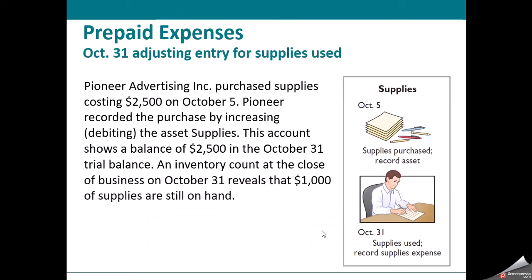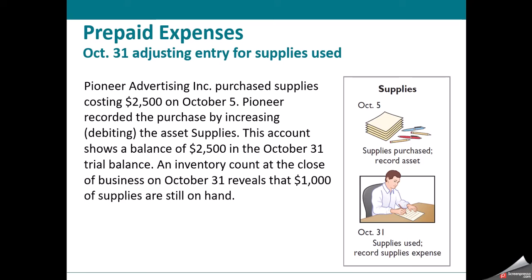So here we have an example. Pioneer Advertising purchased supplies of $2,500. They recorded that purchase by setting up an asset called supplies, and the account has a balance of $2,500 on the October 31st trial balance. However, when we go out and actually look at what's still on hand, it reveals that only $1,000 of those supplies are on hand.